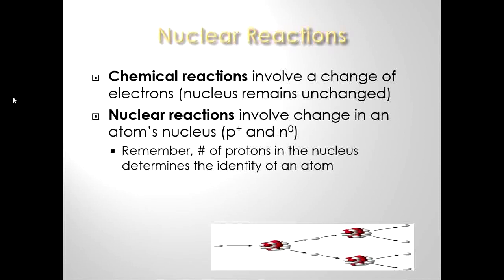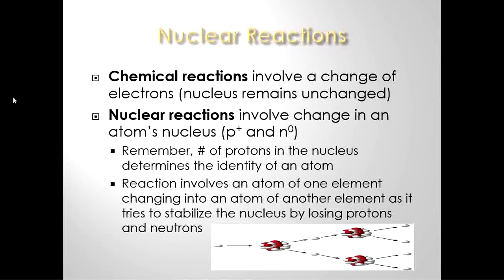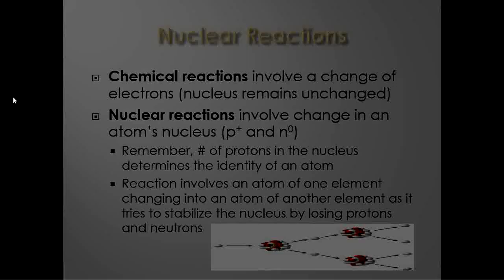Remember that the number of protons in the nucleus determines the identity of an atom. And as these radioisotopes go through these nuclear reactions, the nucleus changes, meaning that the number of protons will also change. So what's going to happen if the number of protons change? That means the element itself will change. And we'll talk more about that later on in this video.